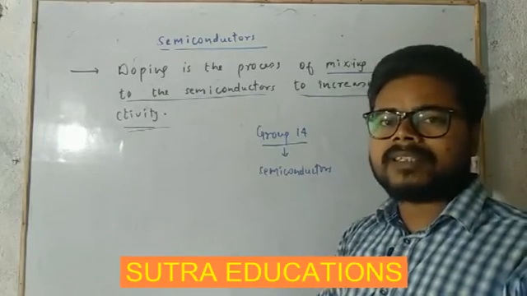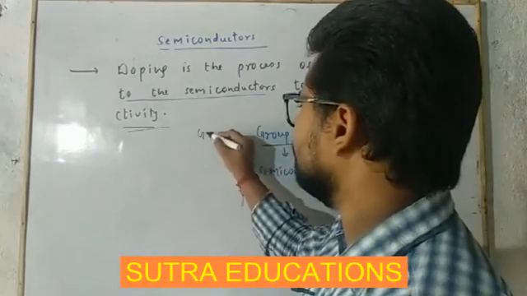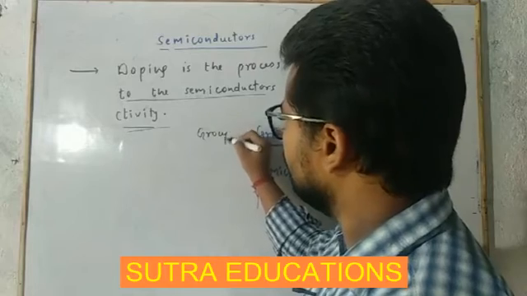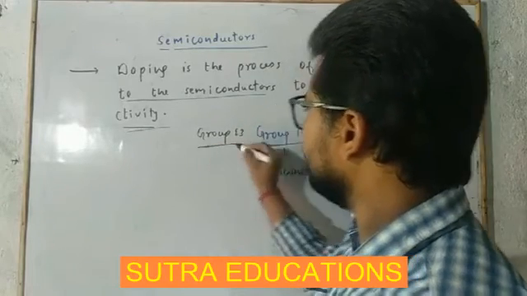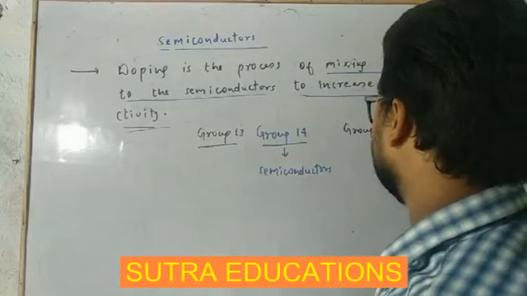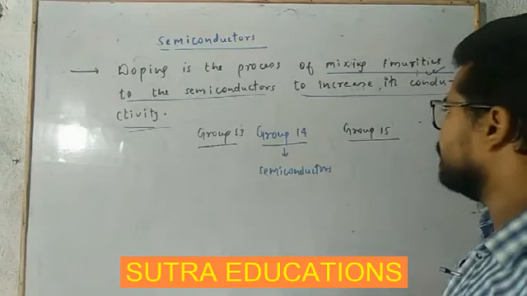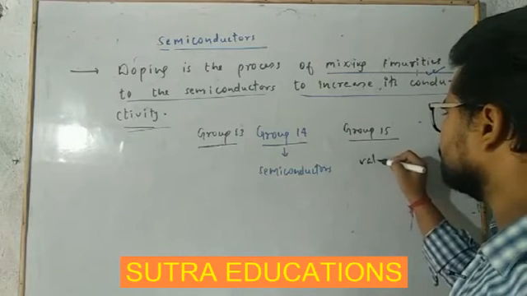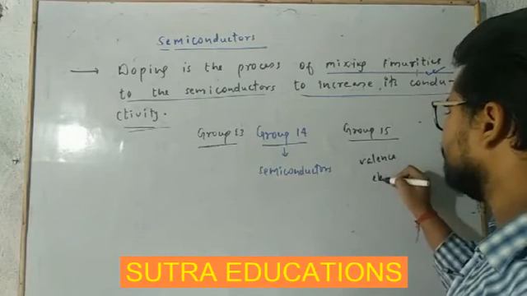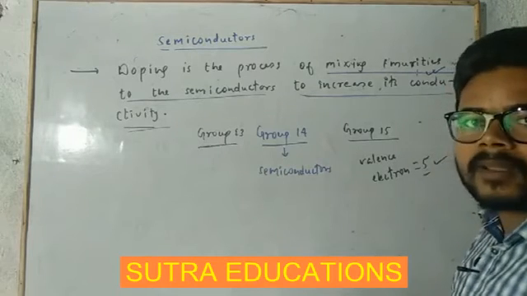Just before group 14, group 13 is present, and just after group 14, group 15 is present in the periodic table. Group 15 means valence electrons equal to 5.